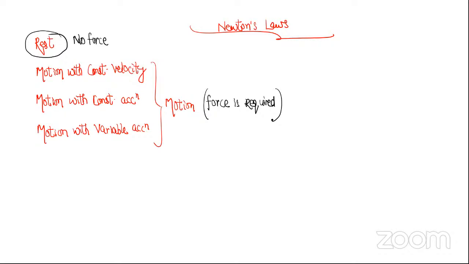If you apply force, the body will be in motion. If a body is at rest, force is not acting on it. If a body is moving, force should be acting on it. That's why it is moving. Understood? Before Newton came, what did people think?